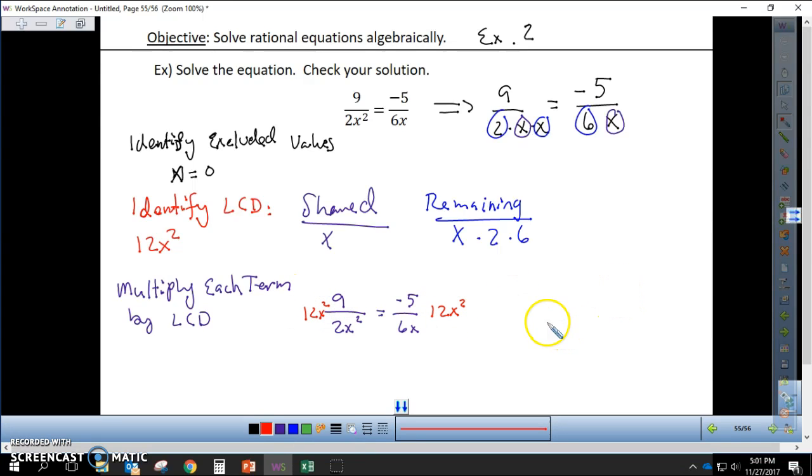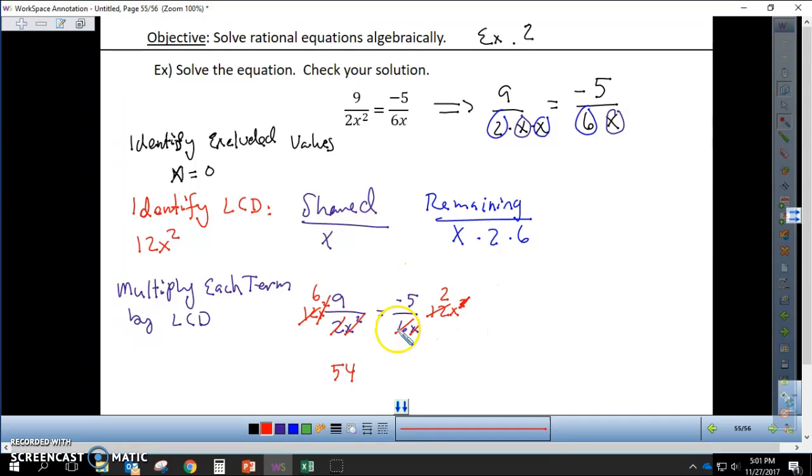Again, in the first video I talked about this. What should happen is that this should cancel. The x squareds cancel, top and bottom. Here my 2 cancels, and this becomes a 6. So I have 6 times 9, which gives me 54. Over here, x cancels with one of these x's, so I cross out my 2, becomes x to the first, and then this 6 cancels with this 12 to give me 2.